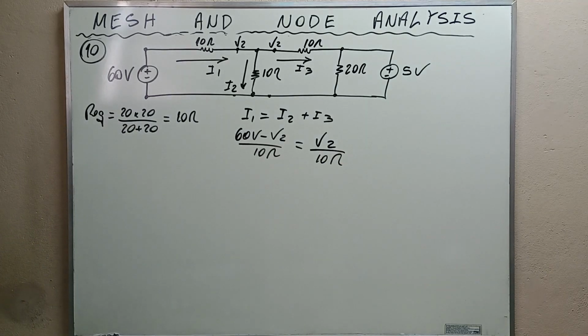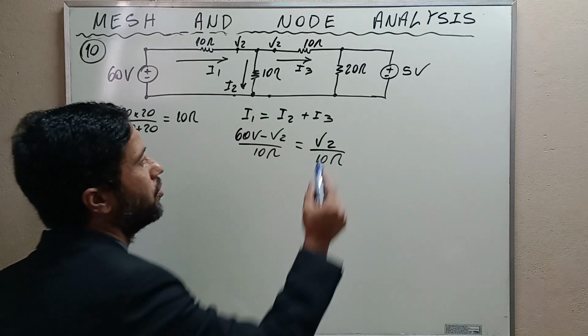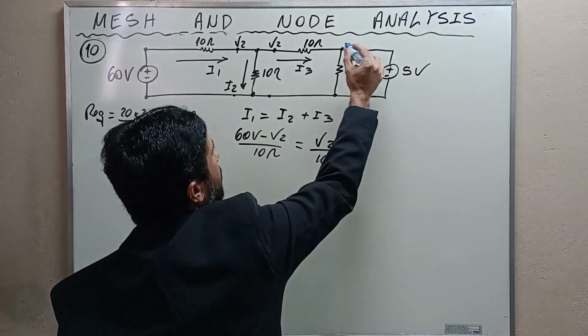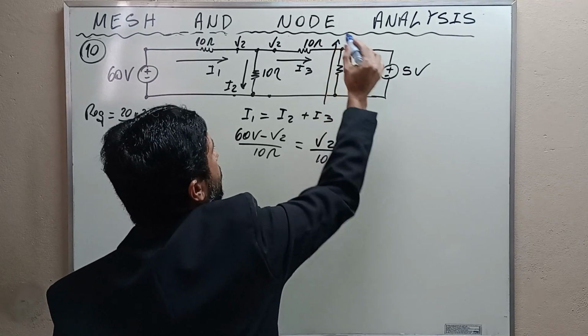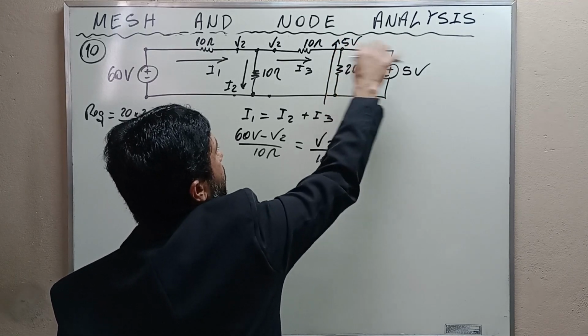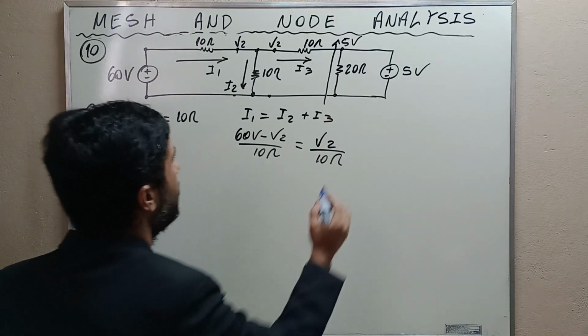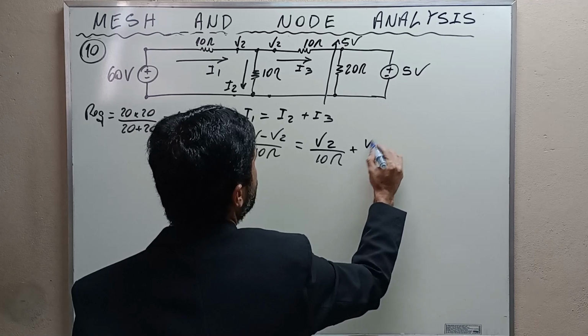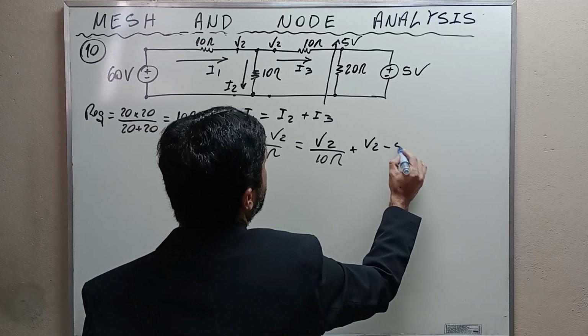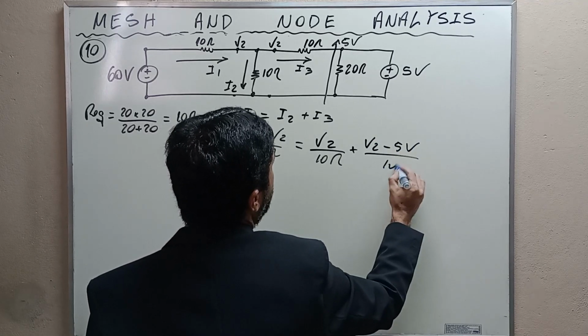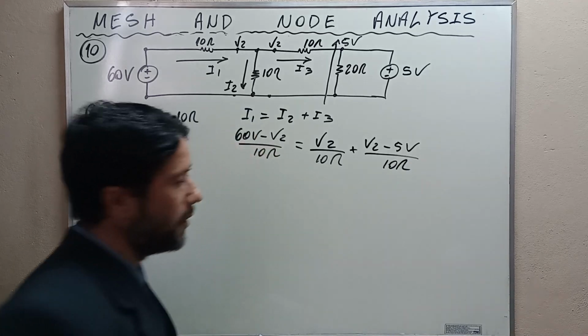And I3, observe that this voltage here, 5 volts, appears here as well, okay? Then I3 will be equal to V2 minus 5 volts divided by 10 ohms, okay?